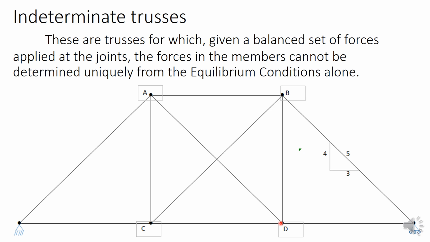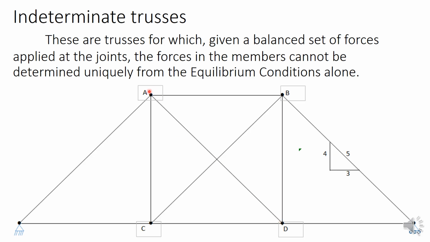Now, in terms of equations, the equations of equilibrium will remain the same number, because you have the same number of joints, you have the same number of equations describing the equilibrium conditions.